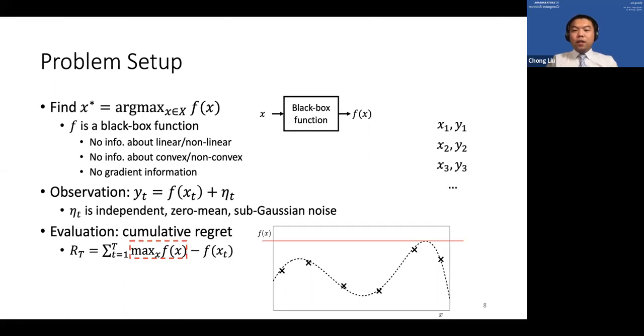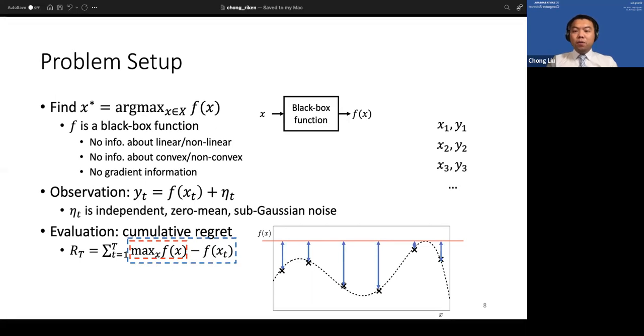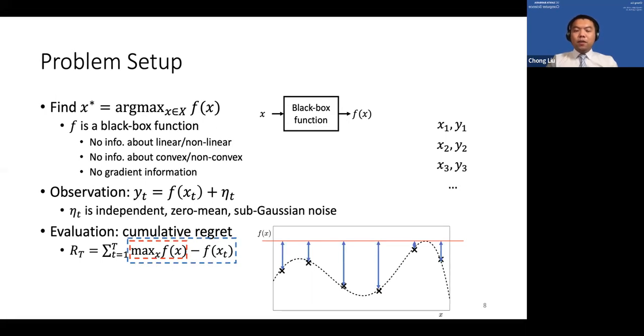And the red line means the maximum function value, according to the max over x of the true function f(x). All the suboptimal gaps are denoted in blue. They are the summation over all these 6 suboptimal gaps.